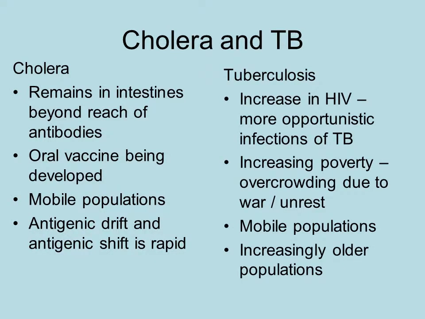TB causes an increase in HIV and also other opportunistic infections, and people have been vaccinated against TB, but in fact one of the main improvements to TB was the fact that people improved their standard of living, so reduced overcrowding, because TB spreads by droplet infection, and overcrowding and people living in slums spread TB more efficiently than anything else.